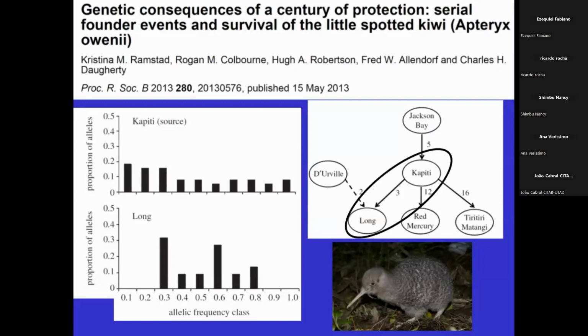But if we look at the birds on Long Island, these allele classes are empty now because they were not found in the founders. Since there's only 3 founders, the minimal allele frequency is 1/6, because there were 6 genes in those 3 founders. So the minimal allele frequency is down here at this point. So the rare alleles are lost if we go through a bottleneck.